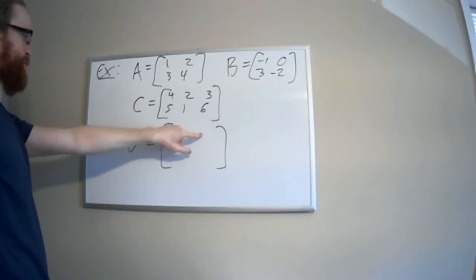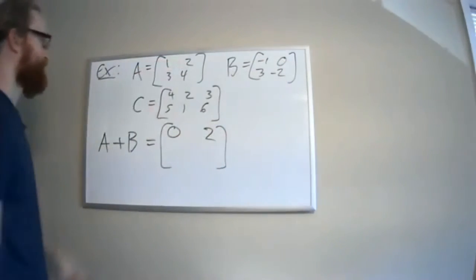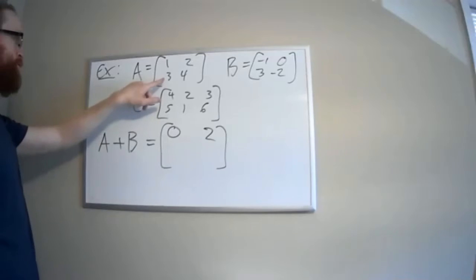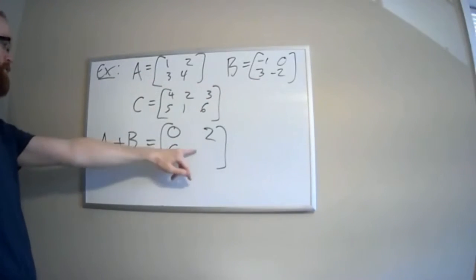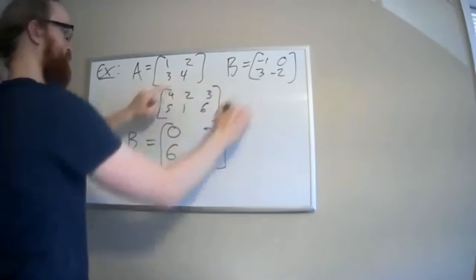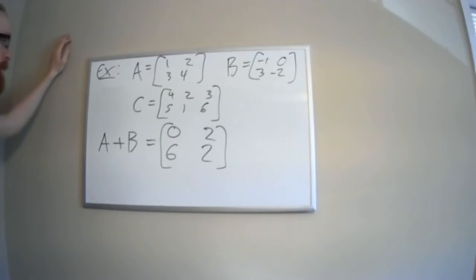To get first row, second column, I take 2 plus 0, that's 2. To get the second row, first column, I take 3 plus 3, that's 6. And then to get the last entry, I'd take 4 plus -2, which is 2. So here's A plus B. That's my new matrix.